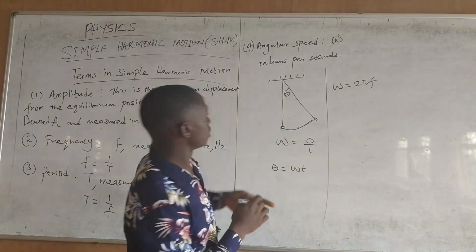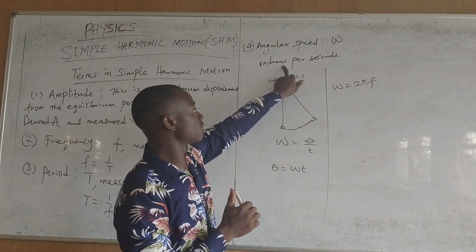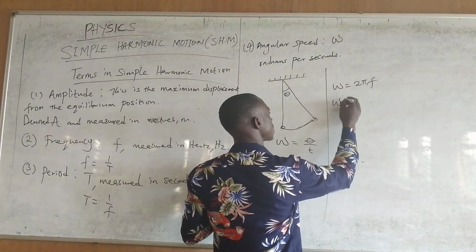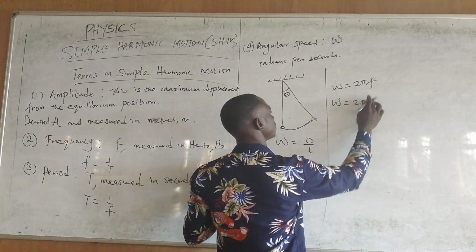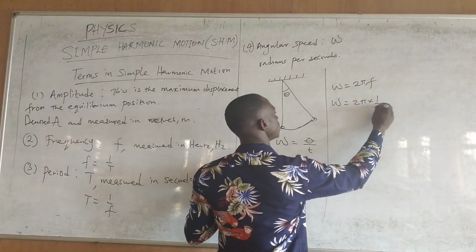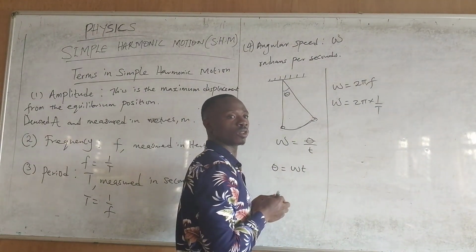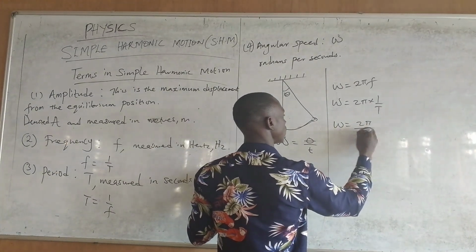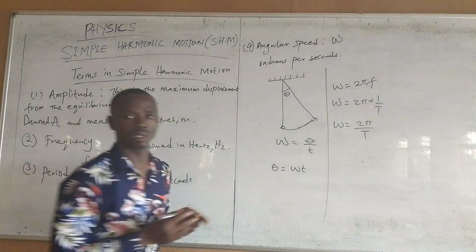And please don't forget, the unit of angular speed is radians per second. Then this one can also be expressed as omega equals 2 pi times 1 over T. Since f is equal to 1 over T, then omega will now be equal to 2 pi over T.